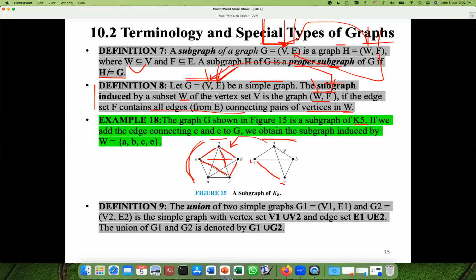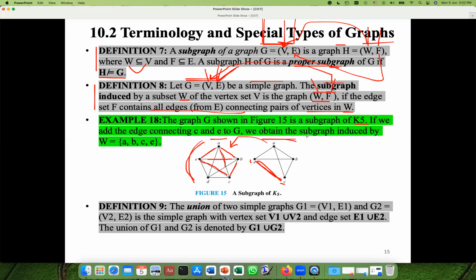If you want to make this an induced graph, then you also have to consider this edge. And when you consider this edge, which is also existing here, now you can say that it is an induced graph. Okay, this is the difference. And now you have seen the application of definition 7 and also 8 in this single example.